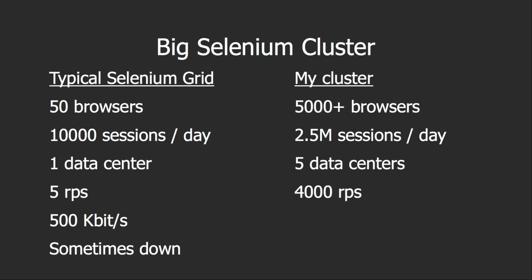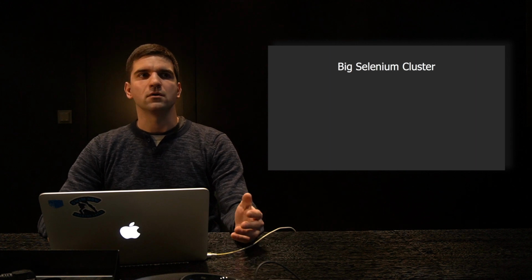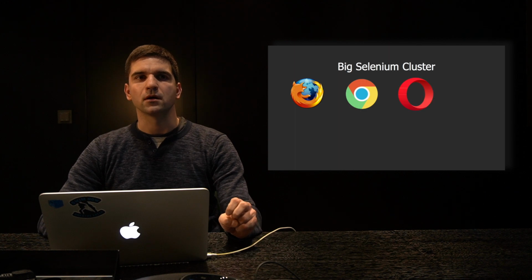The average load is about 4,000 requests per second. The traffic is more than 2 gigabits per second, and this cluster is constantly working. So every minute it's executing more than 200,000 requests.